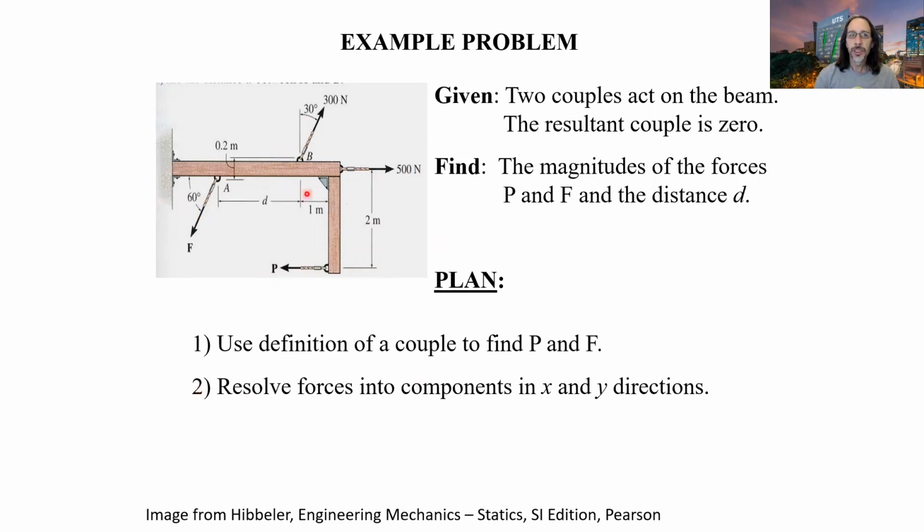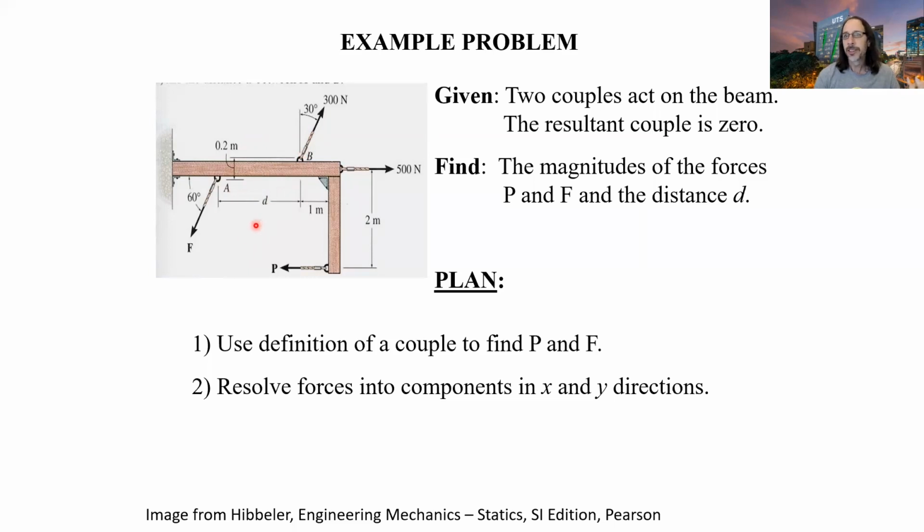Then usually when we're calculating moments, it's usually easiest to resolve our forces into components. If we've got forces at angles, usually it's easiest to resolve them into components rather than to try and find the perpendicular distance between these two forces. Now you can do that, and some people are better than others at trigonometry and might be able to more easily find a distance D here between these two forces.